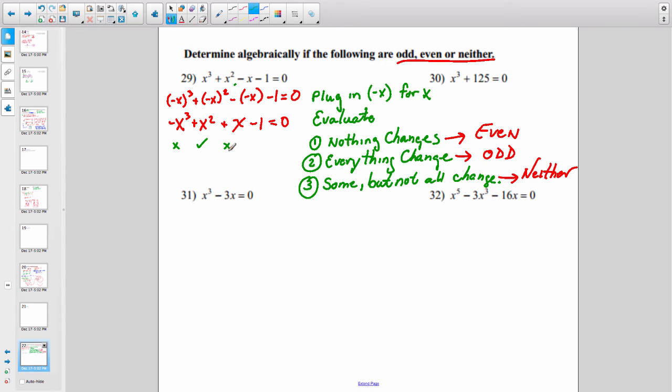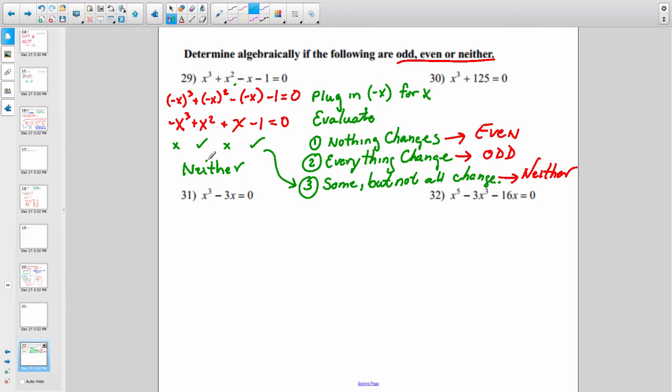That's different. I have a negative 1 and a negative 1. Okay, that's the same. So look, 2 changed, 2 stayed the same. Some of them change, but not all of them. So this is neither. And it's as simple as that. Just plug in negative x for your x's and see what happens.